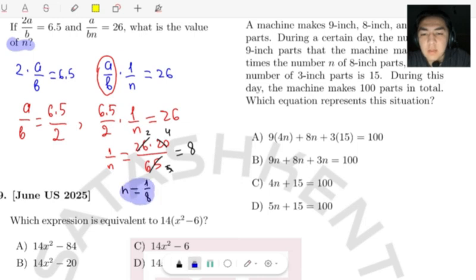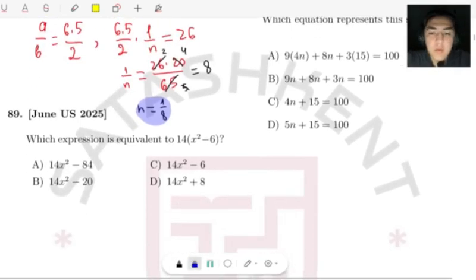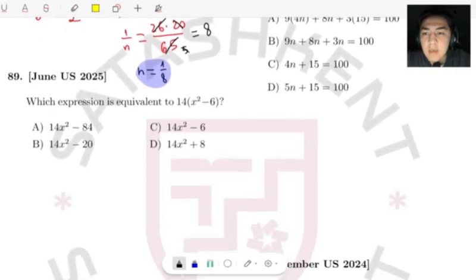So this is the answer here. Question number 89, which expression is equivalent to 14 multiplied by this? Guys, you just have to open the brackets, and the answer is going to be A.